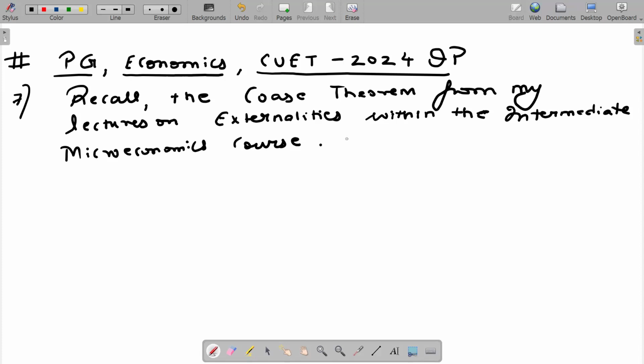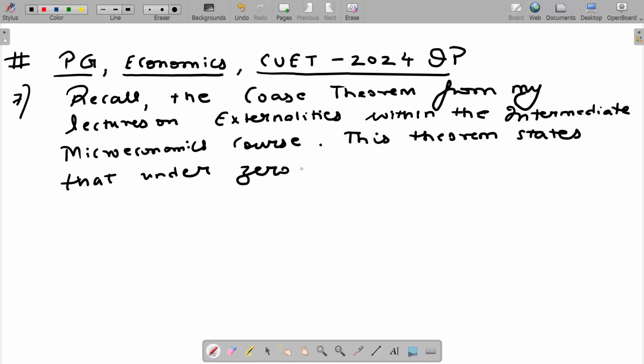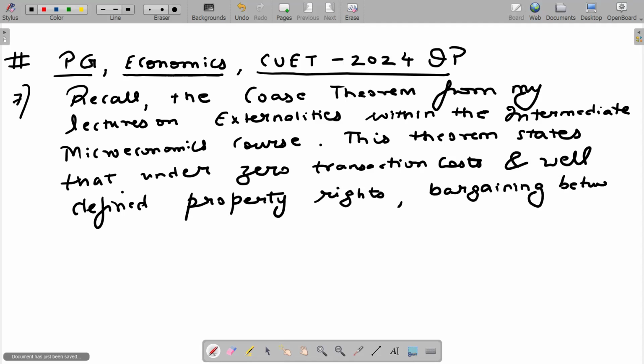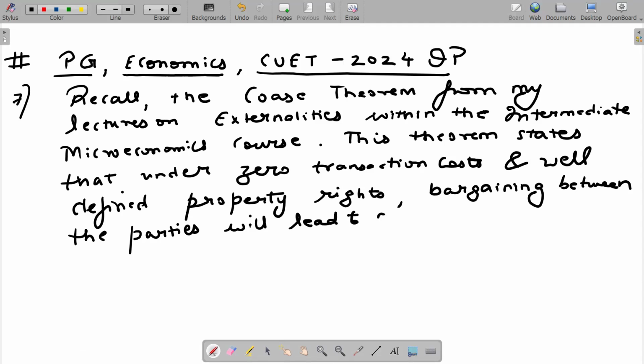So this theorem states that under zero transaction costs and well-defined property rights, bargaining between the parties will lead to an efficient outcome.